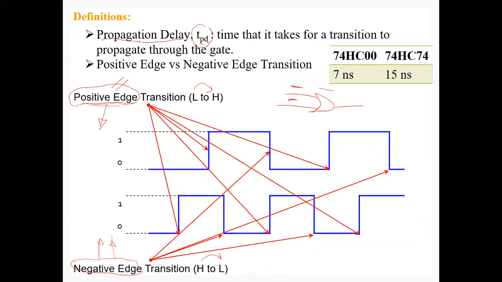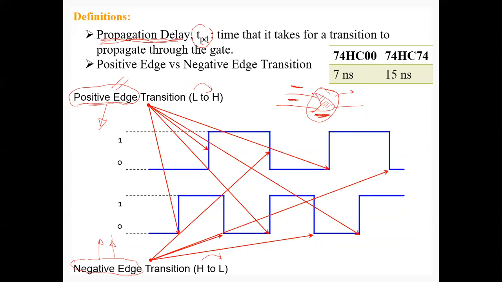Then for these signals to pass through this gate, it takes some time, right? What is the time it takes for the signal to pass through the gate? That time is called propagation delay.